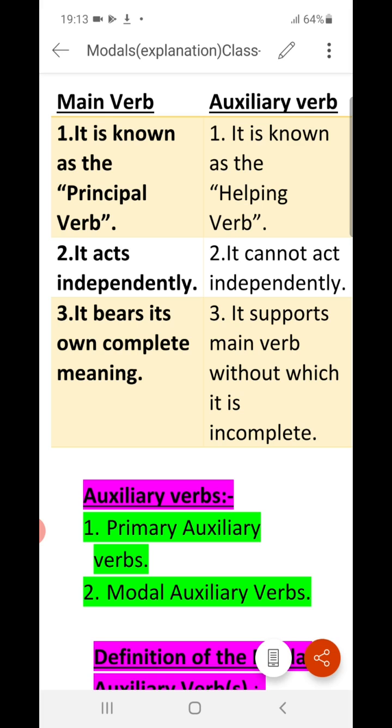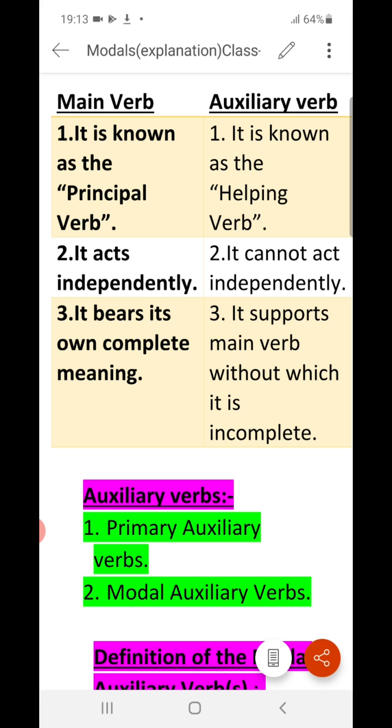Number 3, under main verb, it bears its own complete meaning. So, I've already told you that it can stand on its own.